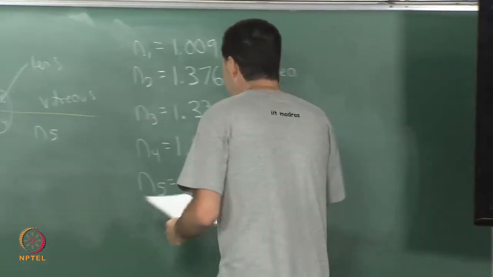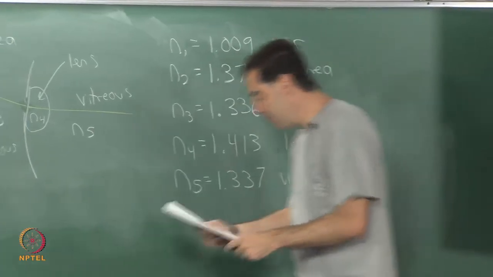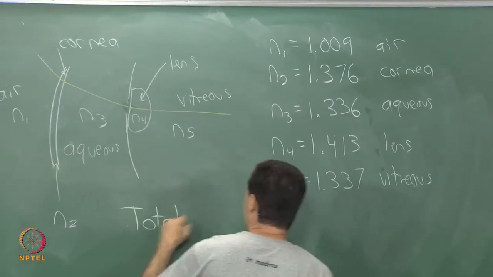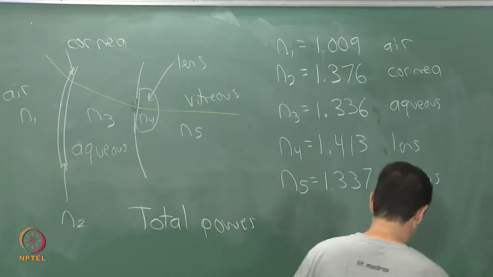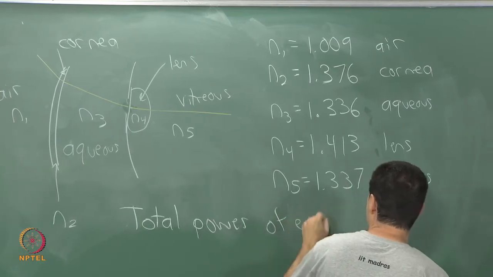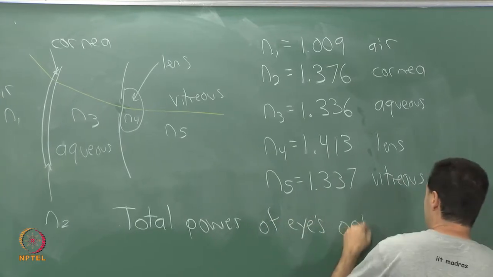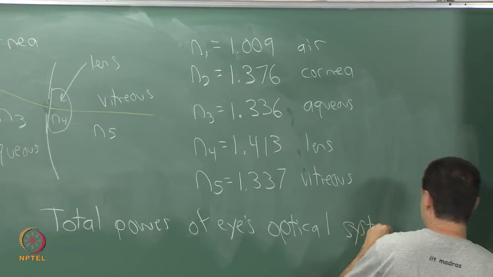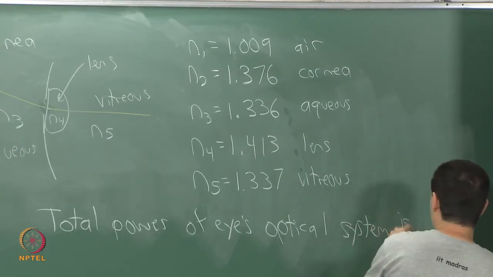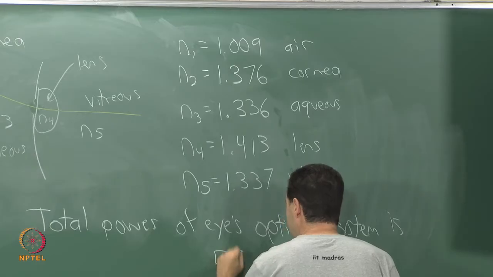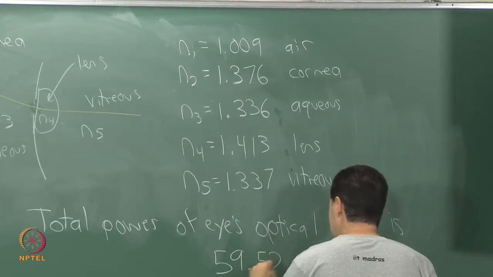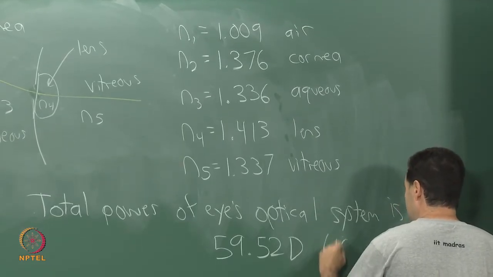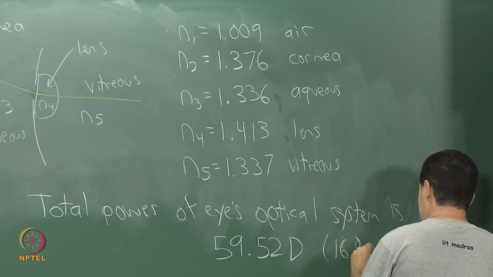So if you combine all of these, if you go through and do the math, which I'm not doing here, the total power of the eye's optical system is 59.52 diopters, which corresponds to a focal length of 16.8 millimeters.